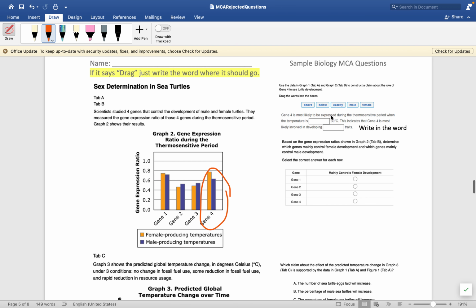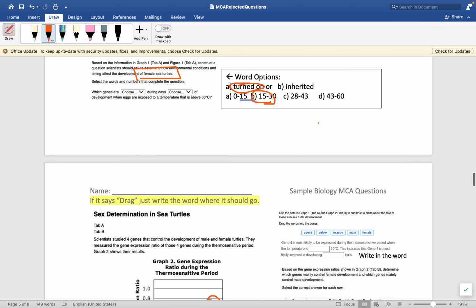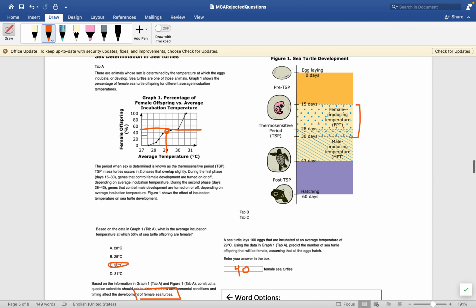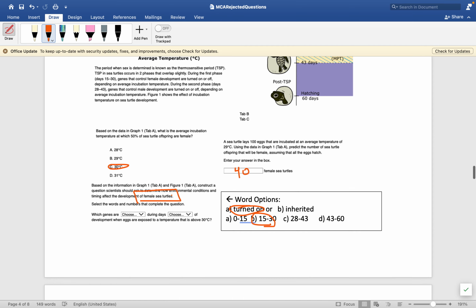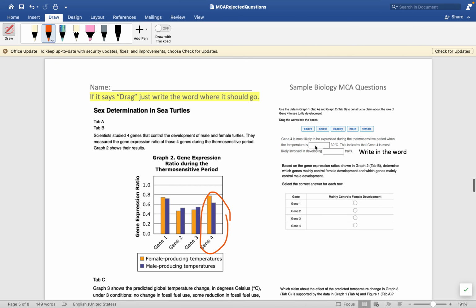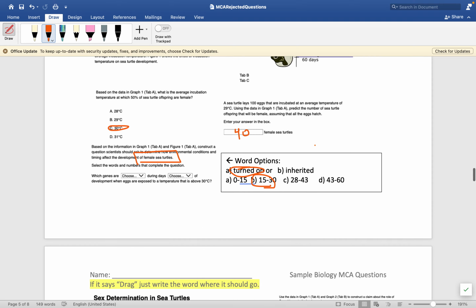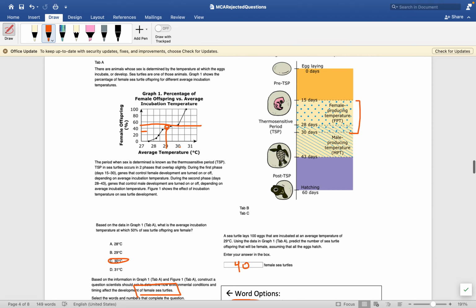Gene 4 is most likely to be expressed during the thermosensitive period when the temperature is what? Okay, so we're going to use this. Our options are above 30 degrees or below. Well, we see more females above this halfway mark.